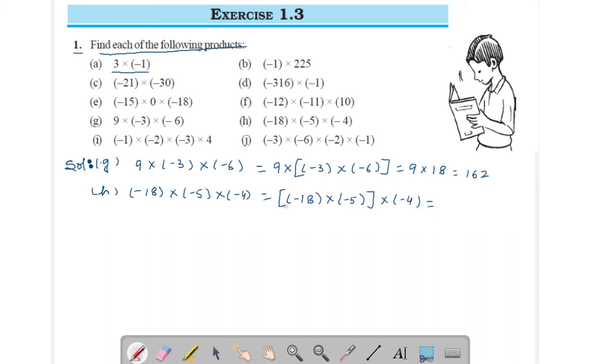Open the big bracket, minus minus plus, 18 5 90. It will be 90 into minus 4. Multiply it, you will get minus 360. This is your answer.